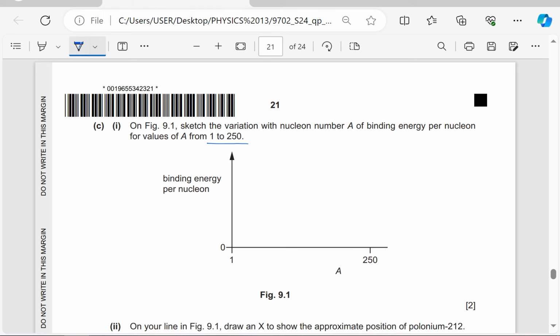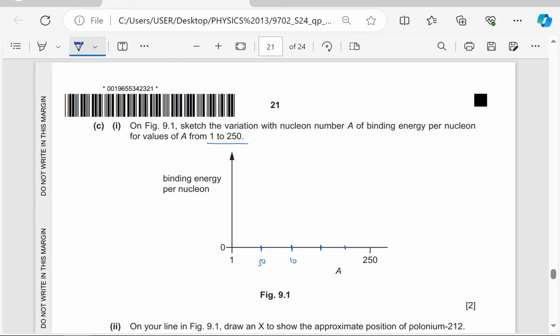So if I say this is approximately 50, 100, 150, 200, 250 approximately. Remember the region of stability is around iron 56.